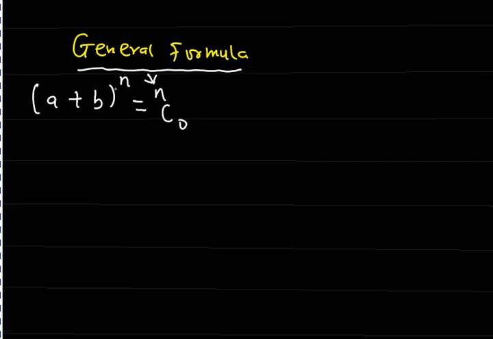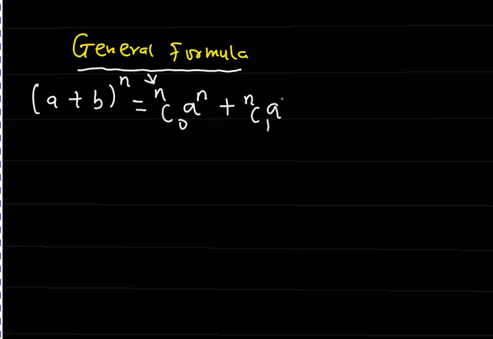n of course is the degree of the expansion. Okay, then of course A being the very first variable takes the maximum power. Then B takes the lowest power, so I don't need to write it. B raised to power 0 is already 1. Okay, so then the next coefficient is gotten by n combination 1.